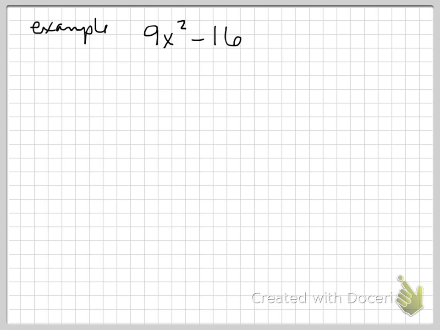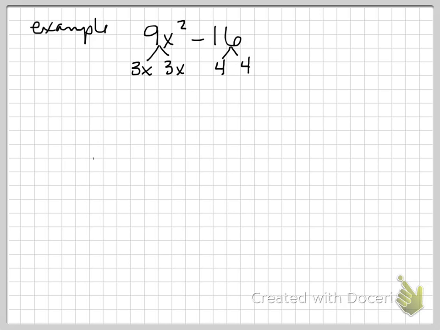But this one is actually a very special pattern. We're not going to use a box on it. We're not going to use a diamond problem. Well, if I look at it, what multiplies to be 9? For 9x squared, that would be 3x and 3x. So this is something that's called a perfect square. Well, let me look at the other number. 16 is also a perfect square because it's 4 and 4.